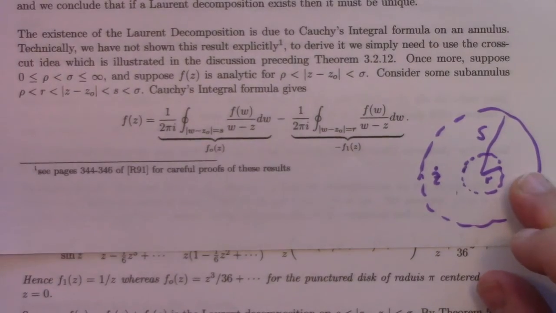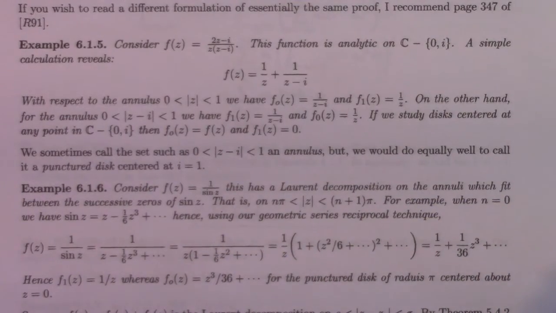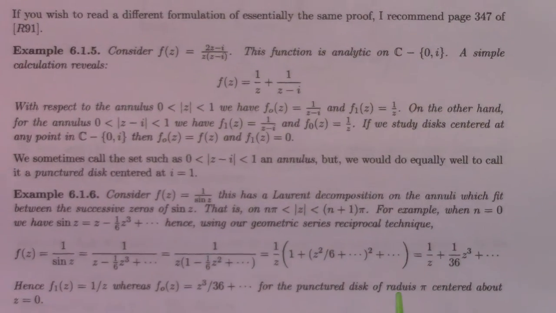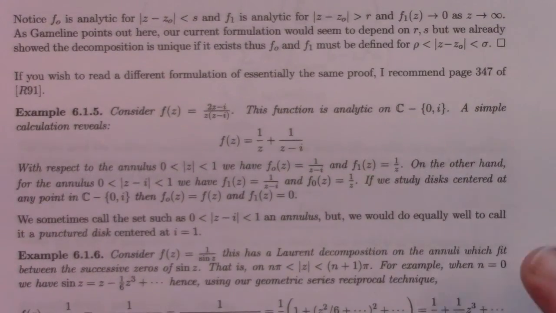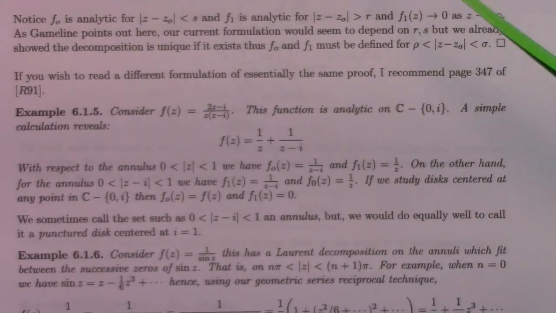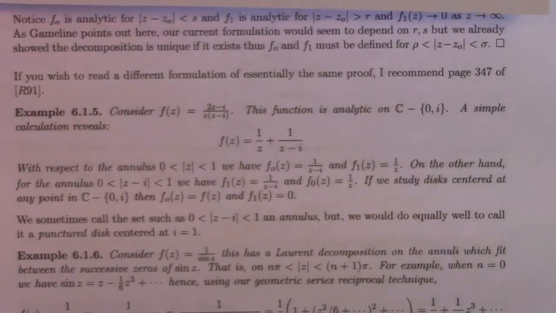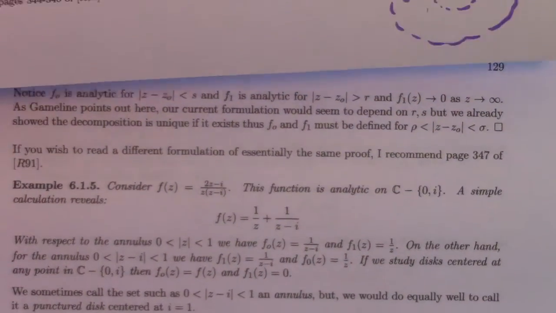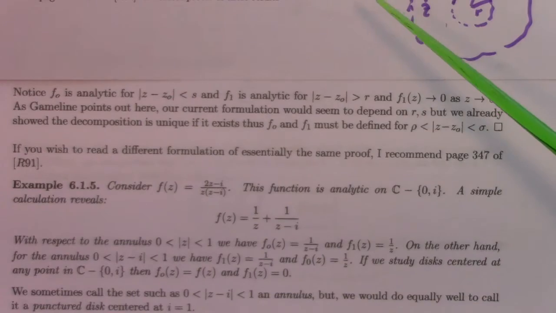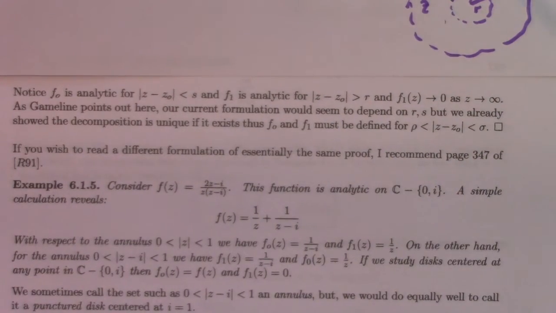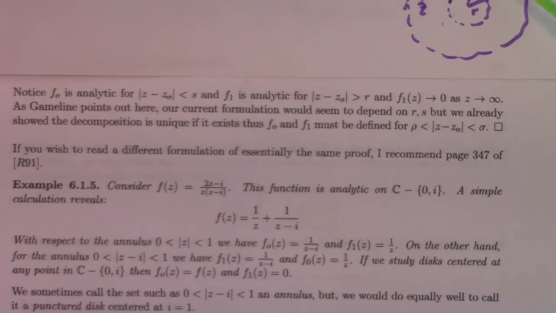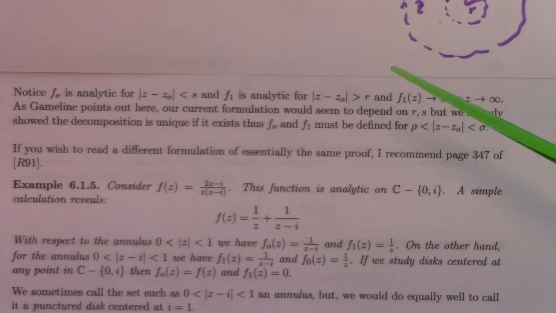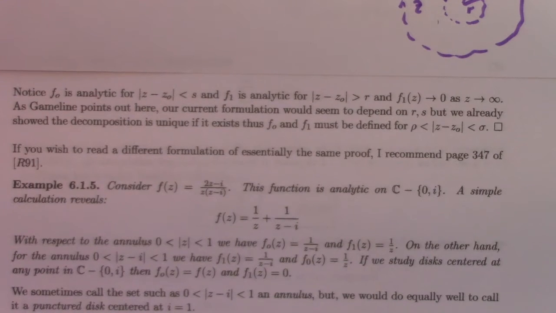Oh, sorry. Let's turn the page here. I think there's something I'm forgetting. Notice F naught is analytic for modulus of z minus z naught less than s, and f1 is analytic for modulus of z minus z naught greater than r.